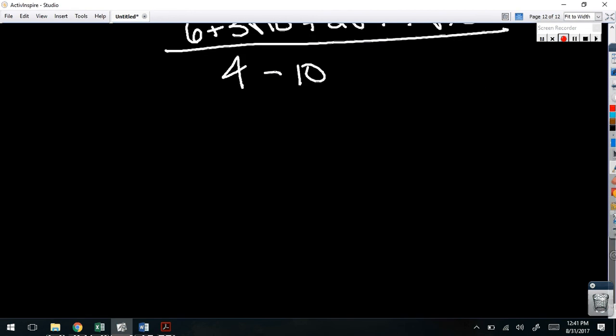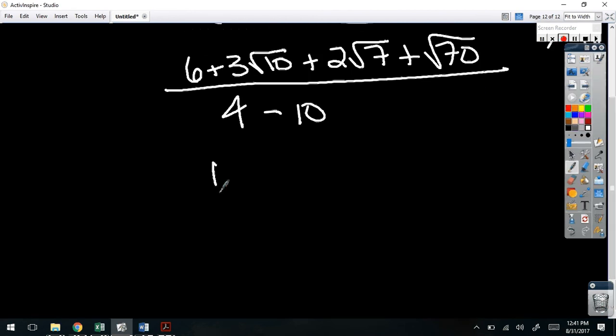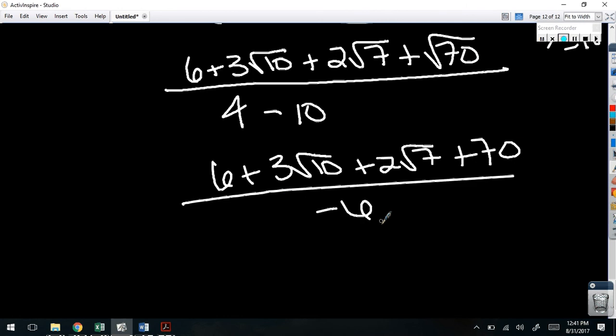All right, so the question was, when I get to the bottom, can I cancel the 6's out? The square root of 7. No. The answer is no, because I could take a 6 out of these, but I would have to take it out of everything.